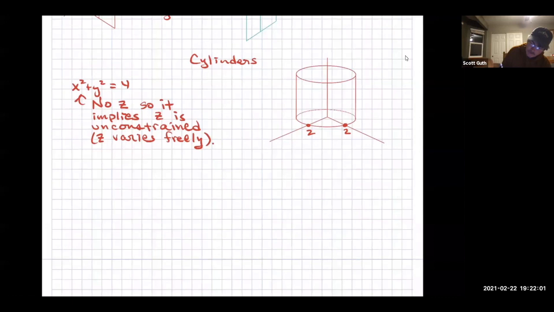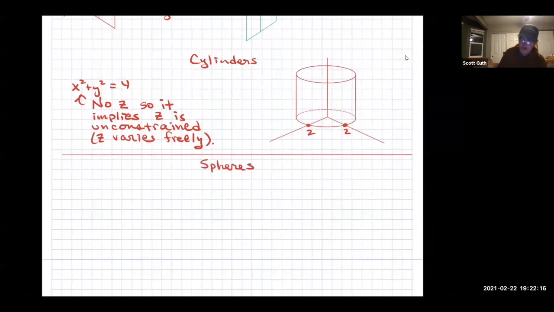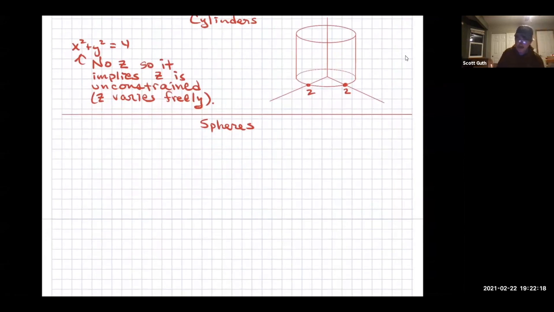So let's take a moment and draw our best sphere. Okay, so a sphere is sort of an ellipse and a circle. So I always use an ellipse for the sort of the equator of the sphere.